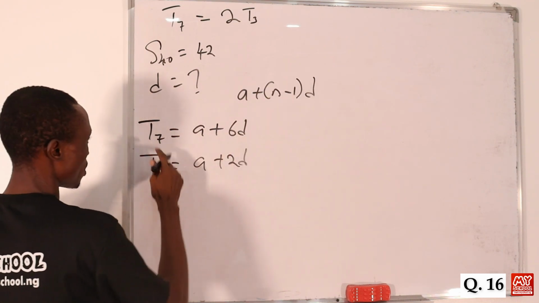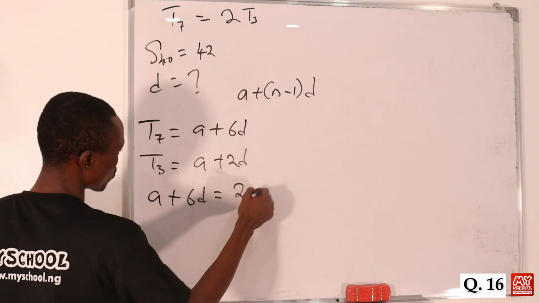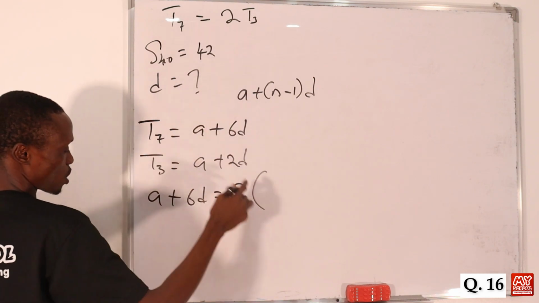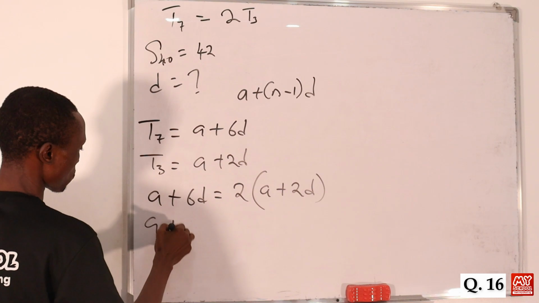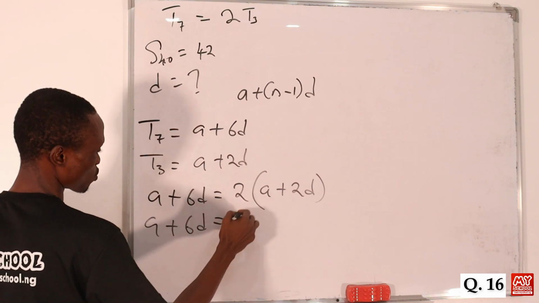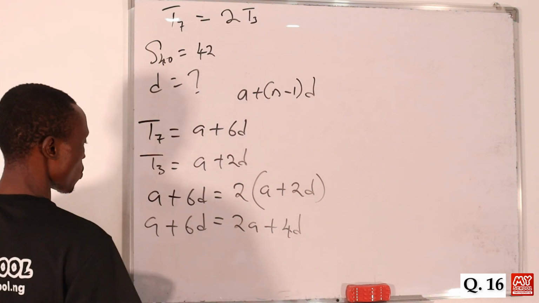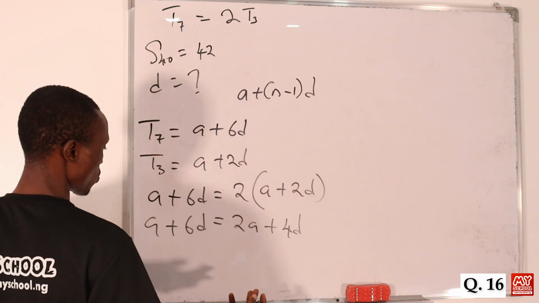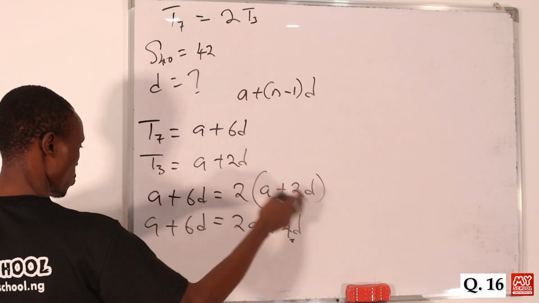Okay, so let's put this together now. So a plus 6d is equal to 2 times, according to the question, a plus 2d. So a plus 6d now equals 2a plus 4d. Okay, so we can collect like terms. So we simply move 4d to this side and then move a to the other side.